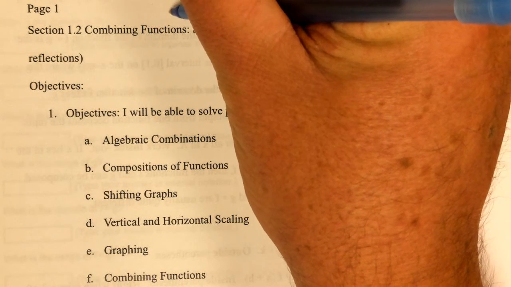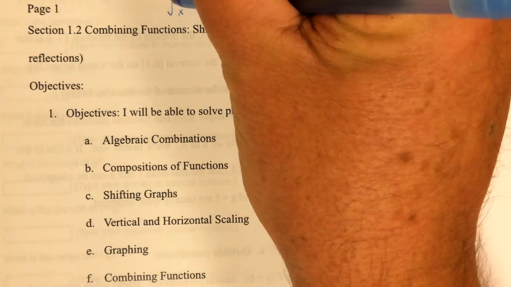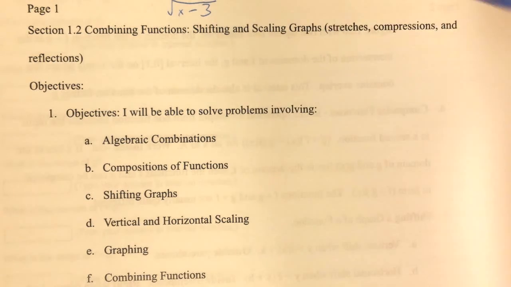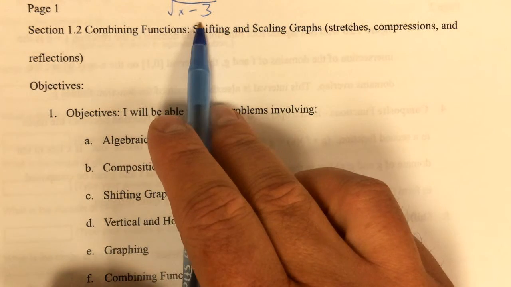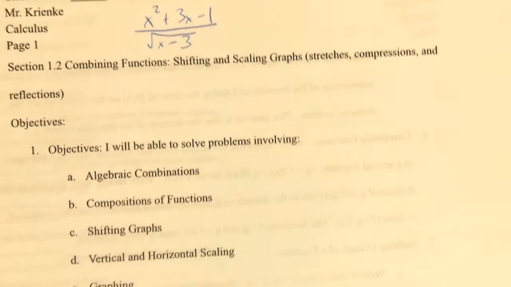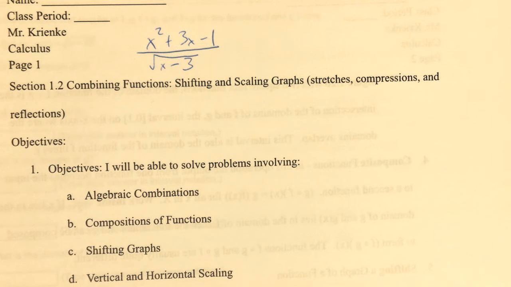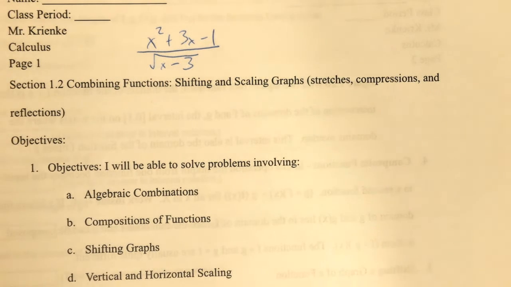Or actually, let me make it a little random, because in calculus you really do have some random things sometimes. You could have two different types of functions, and then they call that combining functions. So you could have any sort of combination of things.